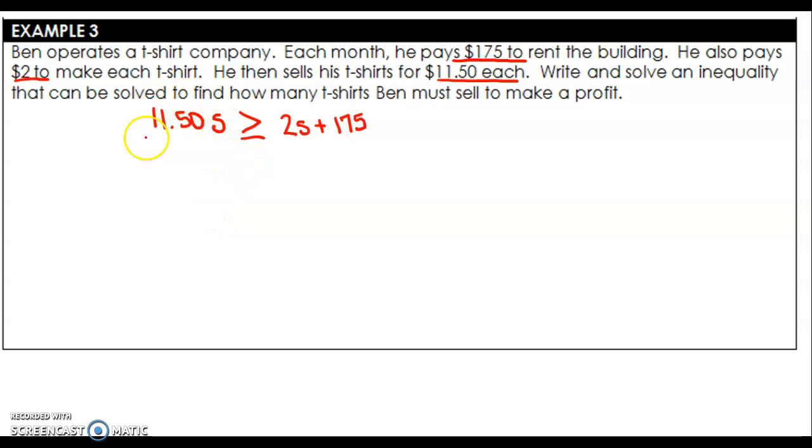So on the left-hand side is what his money-making is. Here is what his out-of-pocket expenses are on the right-hand side. And we know that we want his money-making to be more than his money costing. Does that make sense?